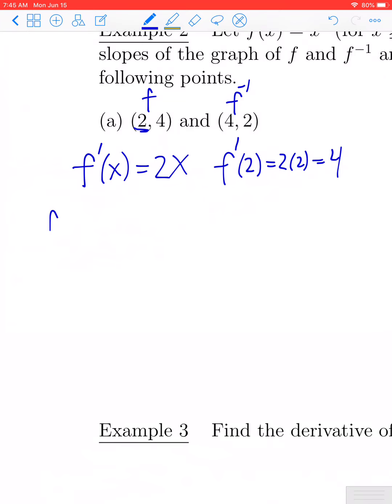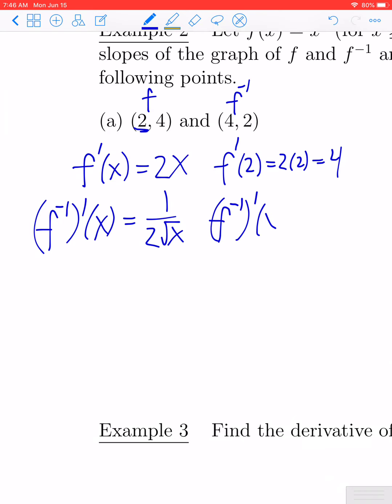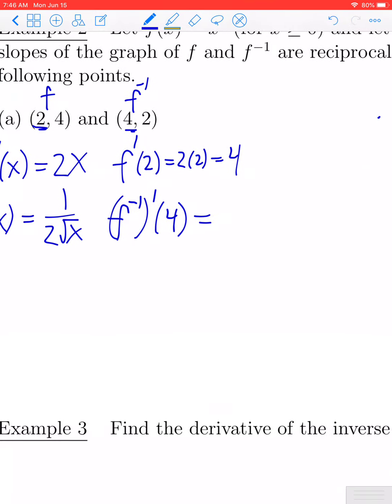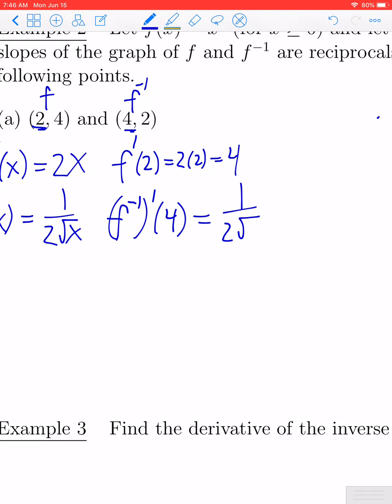So f inverse prime of x is equal to 1 divided by 2 square root of x, and its derivative evaluated at the point in its domain, 4, is going to be 1 divided by 2 square root of 4, which is 1 divided by 2 times 2, which is going to be 1/4.